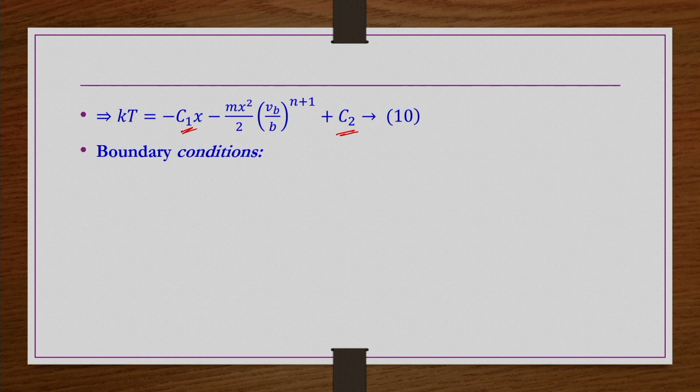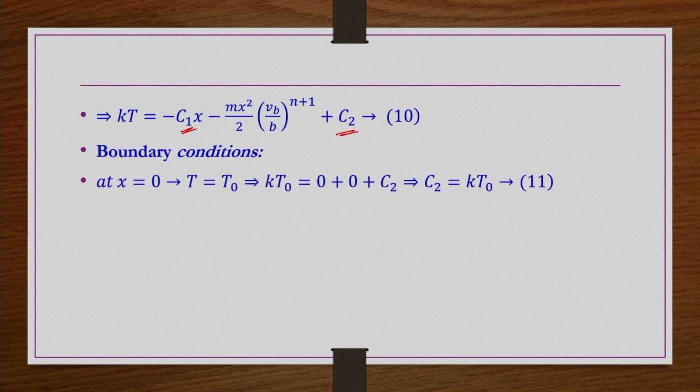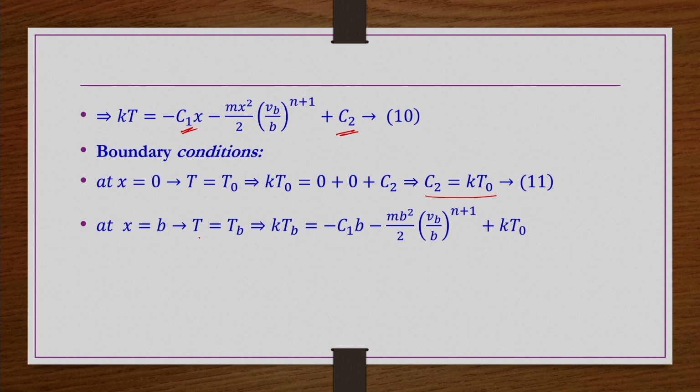Okay. So, at x is equal to 0, T is equal to T naught. That means k T naught is equal to 0 plus C2, so C2 is equal to k T naught. And at x is equal to b, T is equal to Tb, that means k Tb is equal to minus C1 b minus m b squared by 2 (Vb/b)^(n+1) plus C2, which is k T naught.